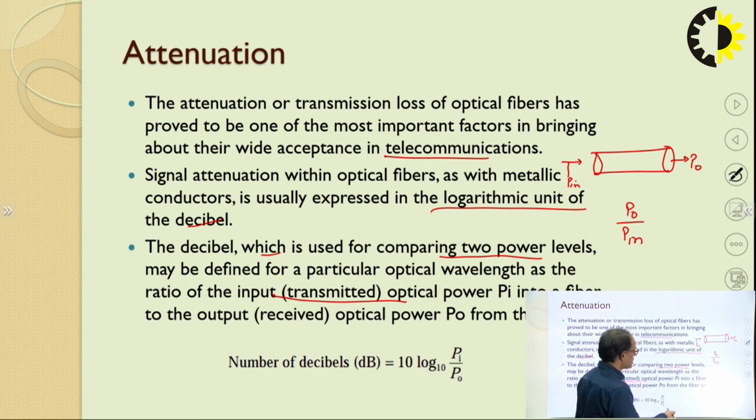But as we say it is attenuation, it means there is a loss of power from input, and we will get an output power which is less than the input power.